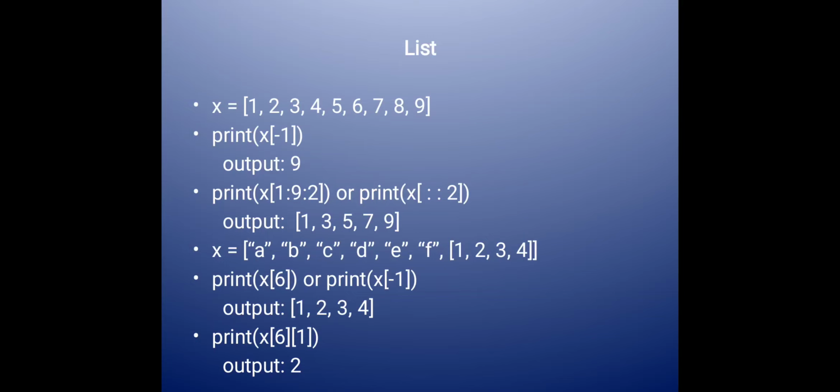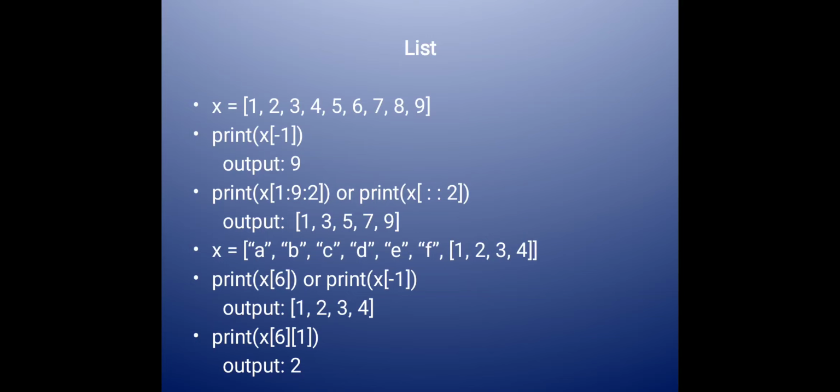Okay. Then print of x of 1 colon 9 colon 2 or print of x of colon 2. That means both the print functions will give the same output. That's why we have considered that too in a single line. Here the output will be a list of values 1, 3, 5, 7 and 9.